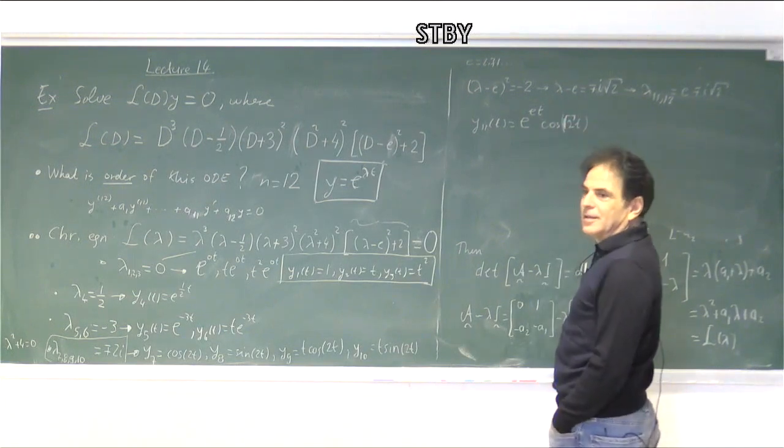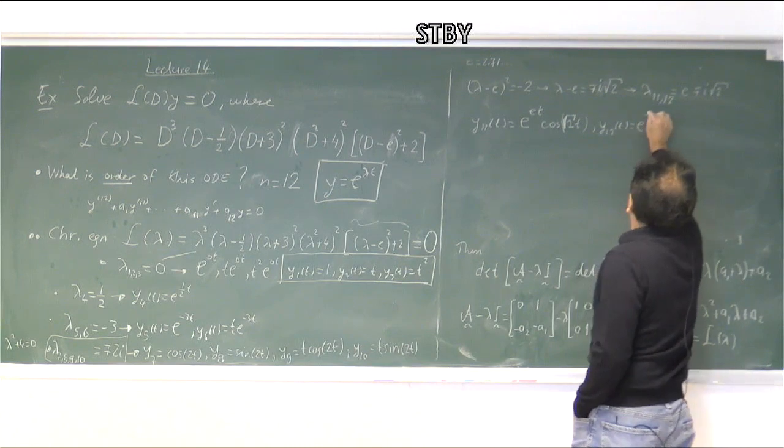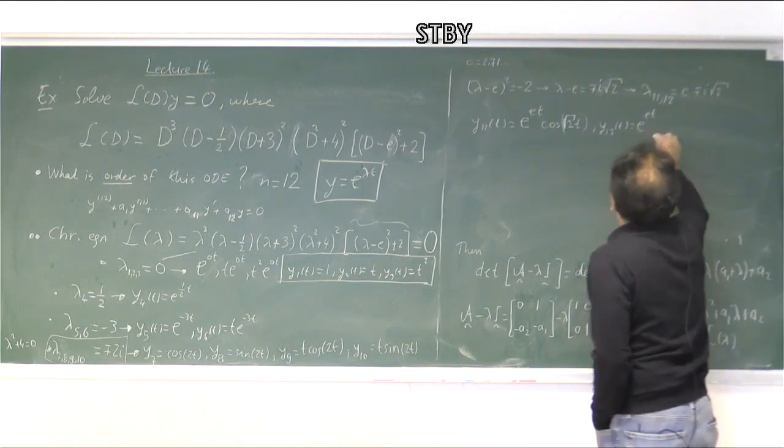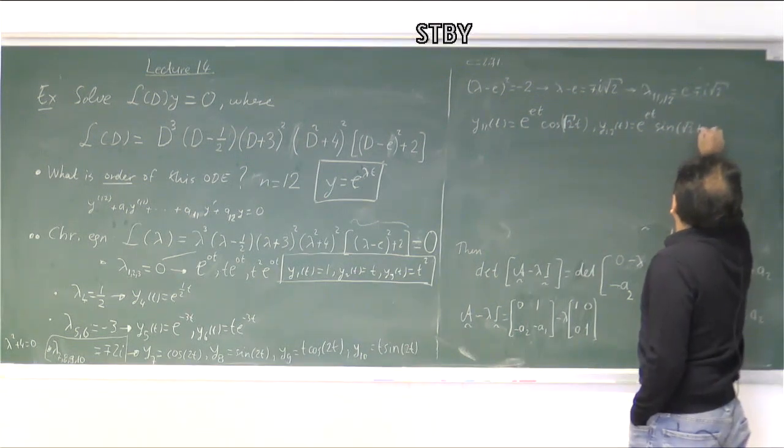Good. And y12(t) is e to power et times sine square root of 2t.